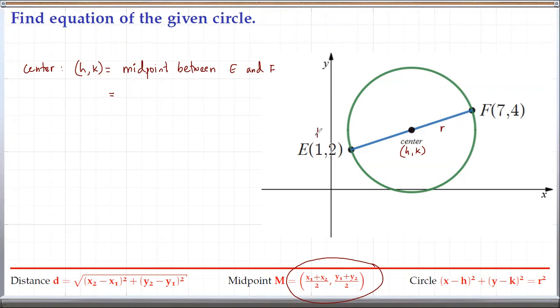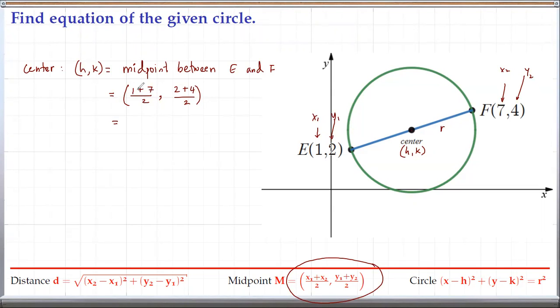We can consider these to be x1, y1, and we can consider these to be x2, y2. So we have (x1 plus x2)/2 as (1 plus 7)/2, and (y1 plus y2)/2 as (2 plus 4)/2.